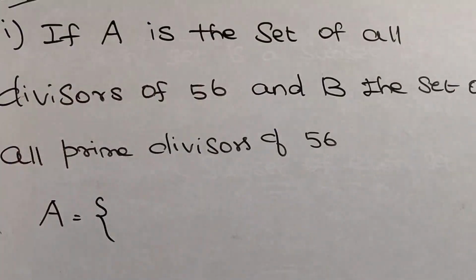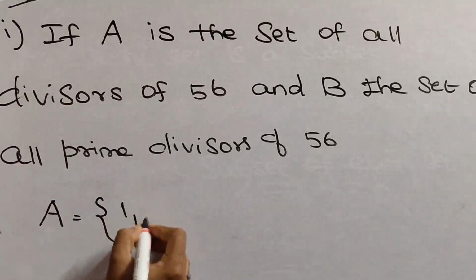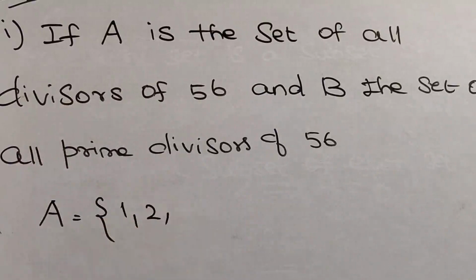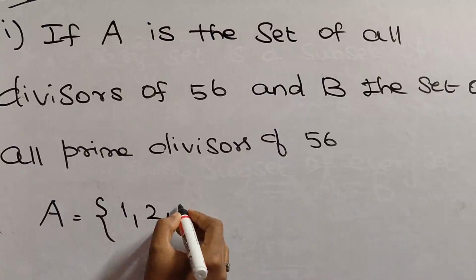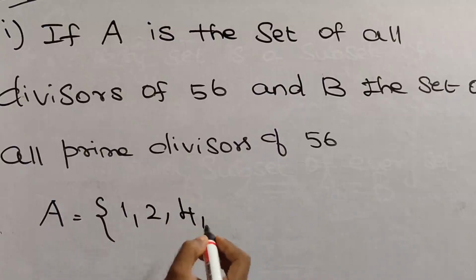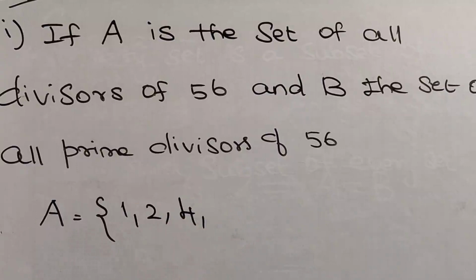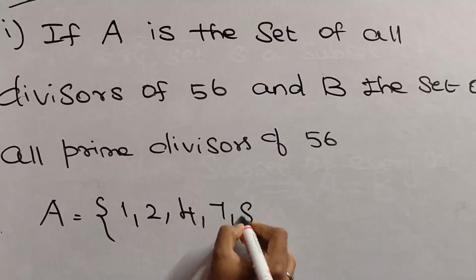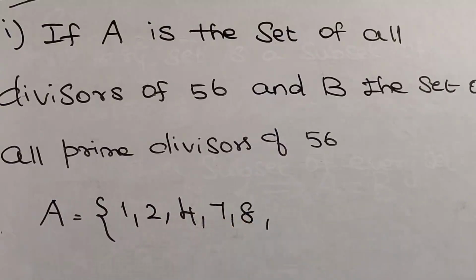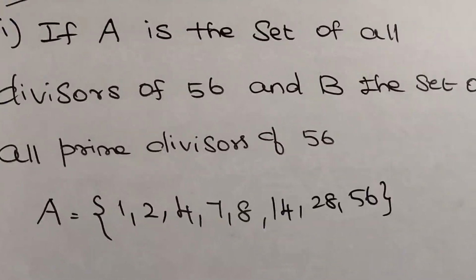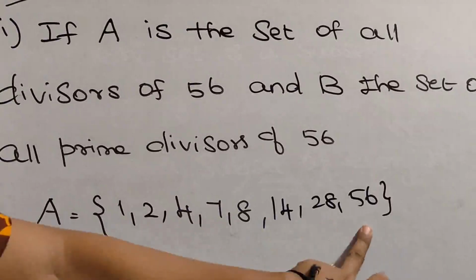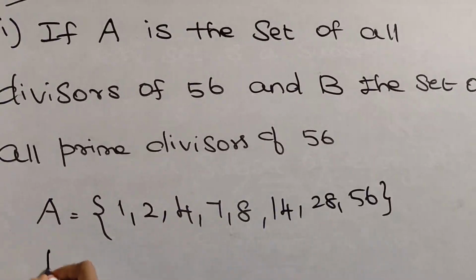So what are all the divisors of 56? 1, 2, what about 3, no. 4, yes. Then 5, it's not possible. 6, no. 7, 8, then 14, 28, 56.